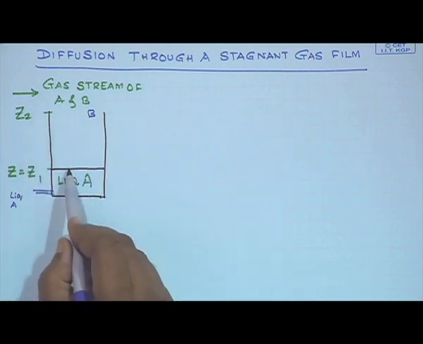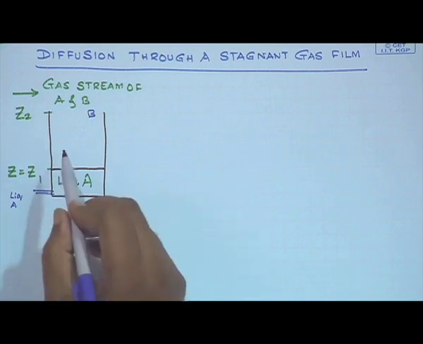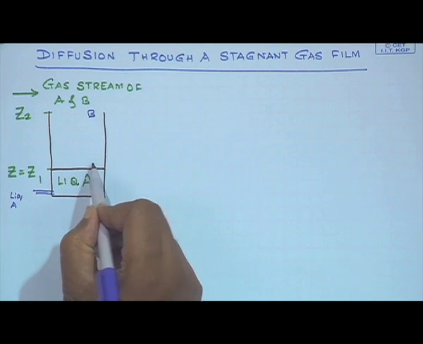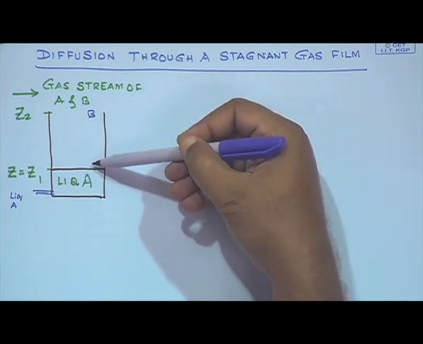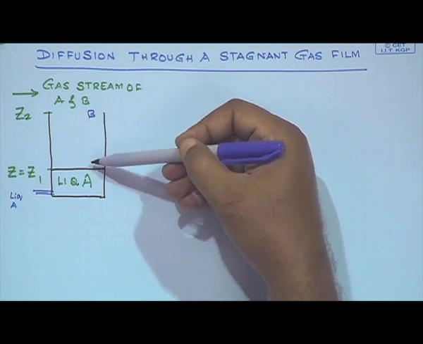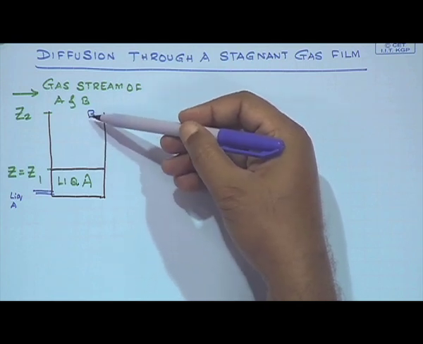Now, what happens is, when you have the evaporation starting, then molecules of A will form near the gas liquid interface, and the molecules will try to move towards the top due to the presence of a concentration difference.